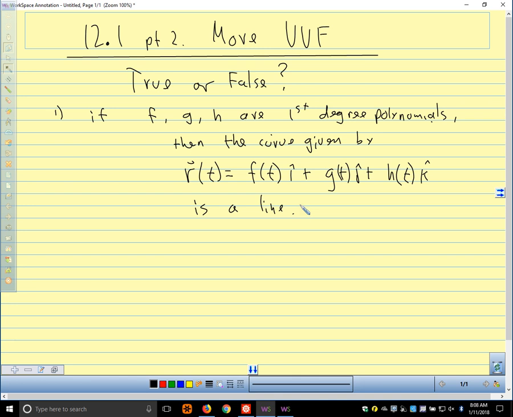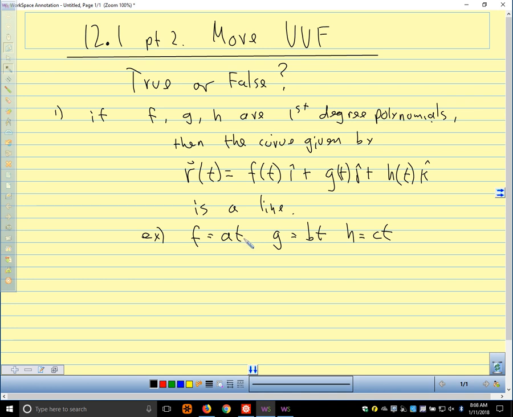So first degree polynomial, what are we talking about? x or something like 2x plus 3, right? So let's think of an example. For example, we could say that f equals at, g equals bt, and h equals ct.